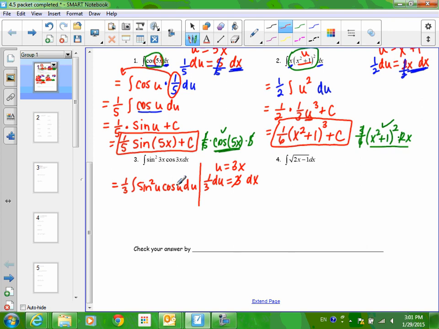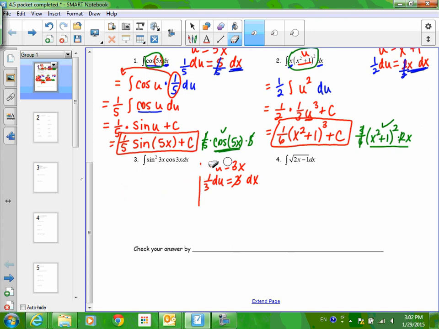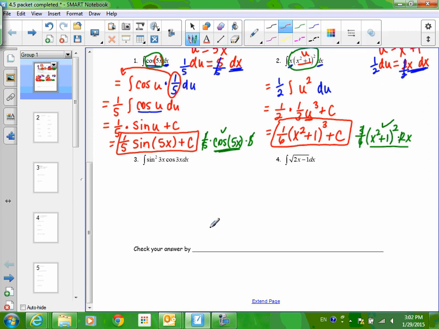I've taught this many times, and I always like to go through this process. Because when you're doing this, you are going to pick the wrong u from time to time. And you need to know how to get yourself out of it. So this is what you do. You're like, I'm completely stuck, I picked the wrong u, so I'm going to erase everything I wrote here, and I'm going to start over.